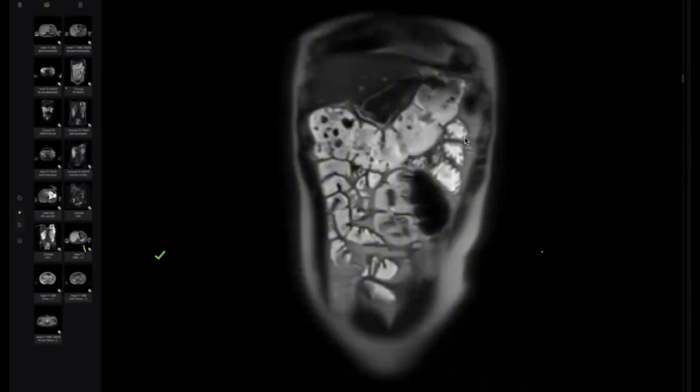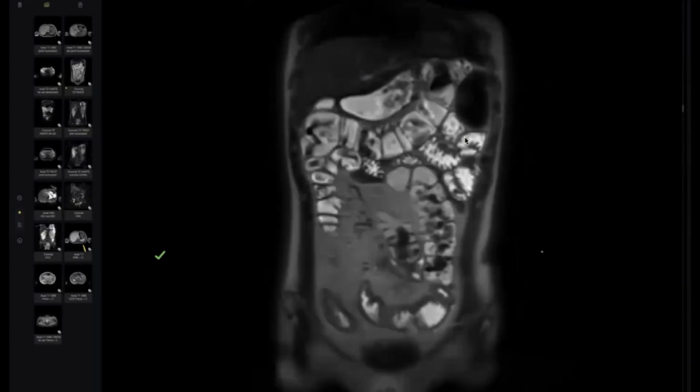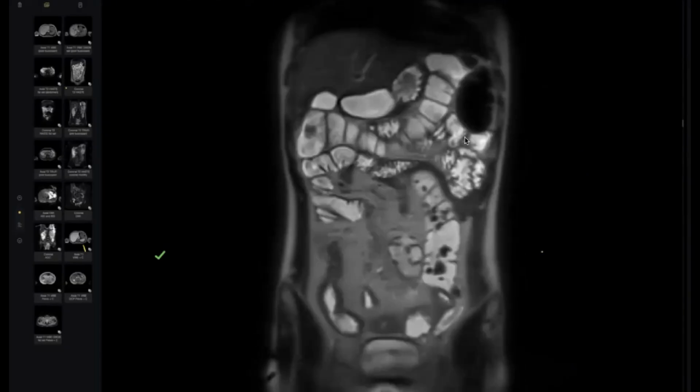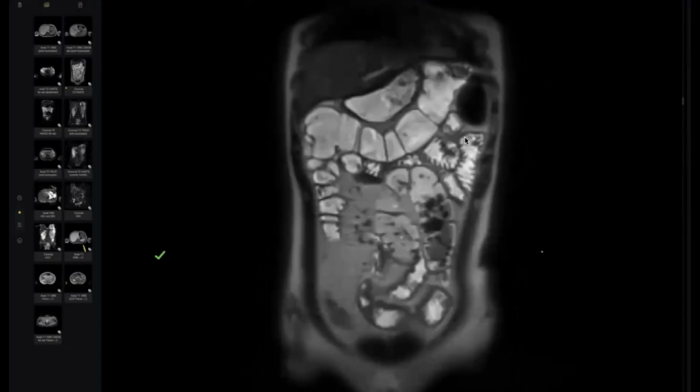What is the next sequence? The differential possibility is tuberculosis. Next sequence, I will look at the DWI. Which sequence do you want, post-contrast or DWI images?